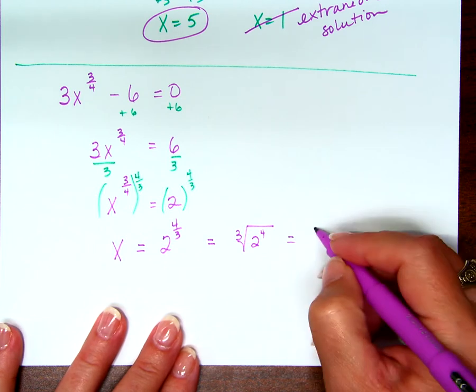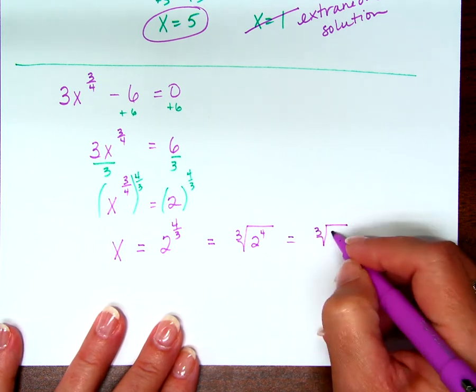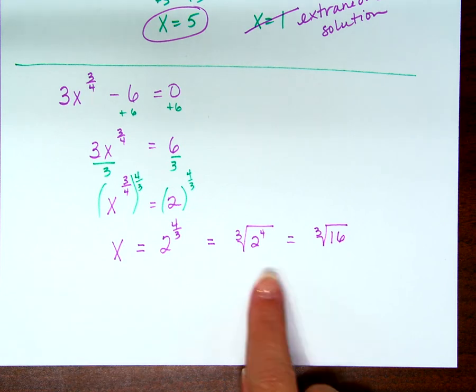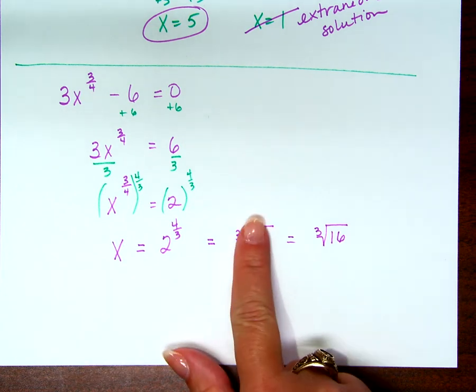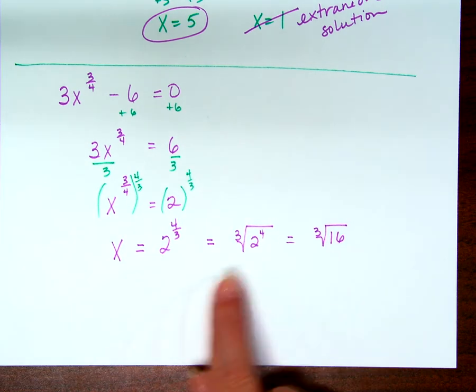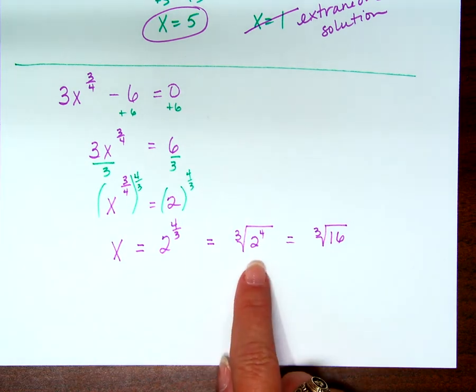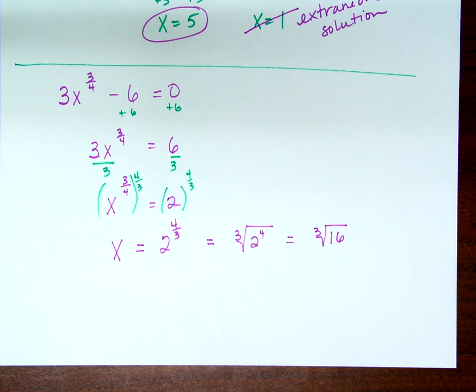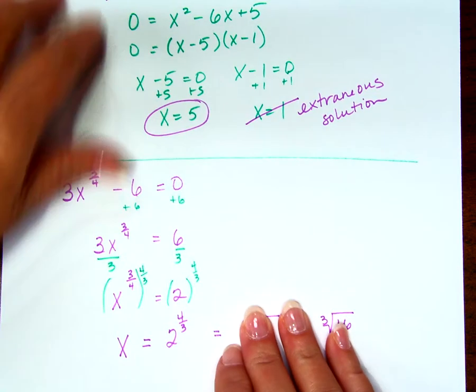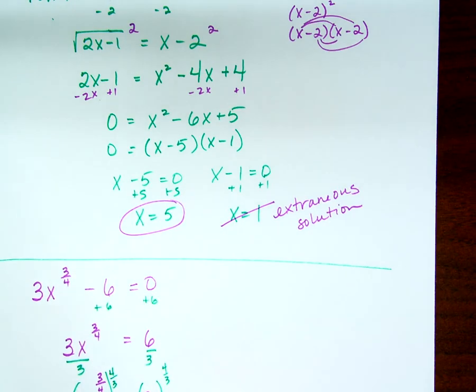But I also want you to know that this is the same as this, because 2 to the 4th is 16, right? That's something we could easily simplify. So if it wants anything, it's probably not going to want this. It probably wants either this or this, because this can be simplified. Does that make sense? Okay so far? Okay, let's do another one of those with rational exponents.